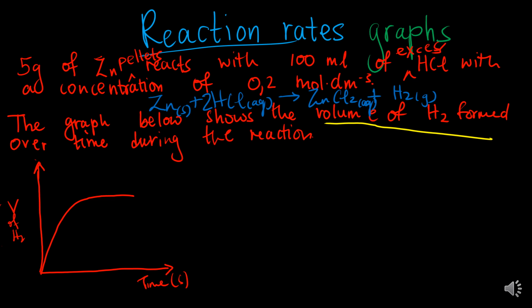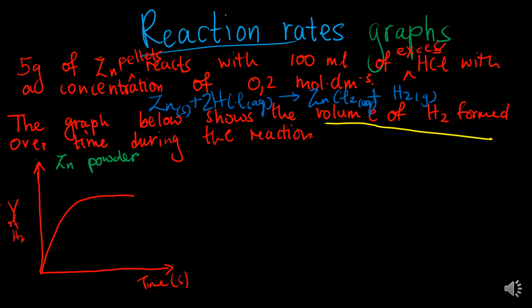What I want us to look at is what would happen if the 5 grams of zinc, which is the limiting reagent, is used as zinc powder, but everything else remains the same. So concentration and amount of HCl remain the same. How would that affect the rate of the reaction?